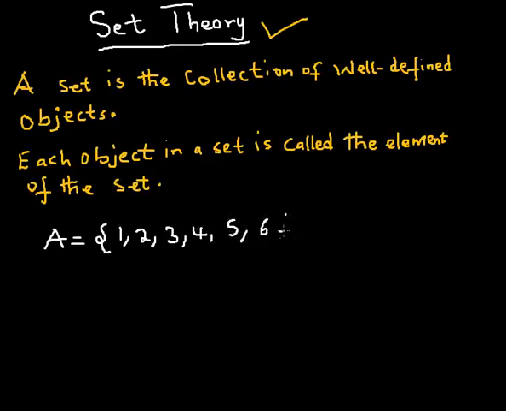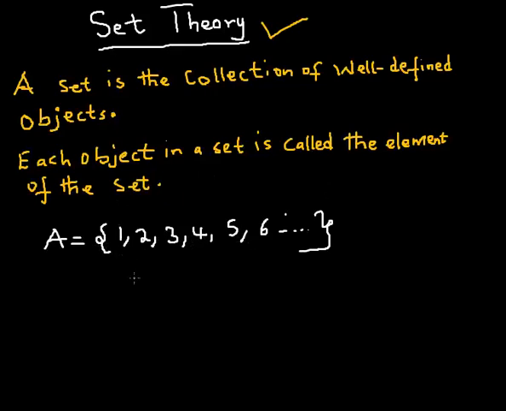Then I can stop at this point, or I can continue. This simply means that the elements of the set are written inside the braces, and they are separated by commas. So each element is separated from the others by a comma. These are the objects of the set, and at the same time they are the elements of the set. So the object of a set is also known as the element of the set.